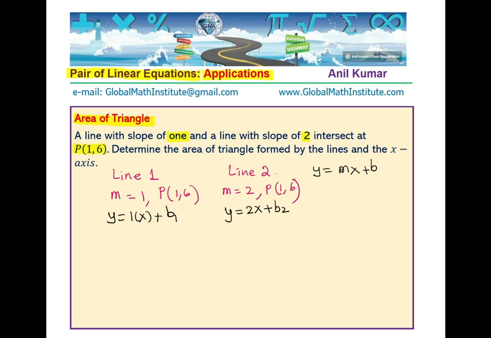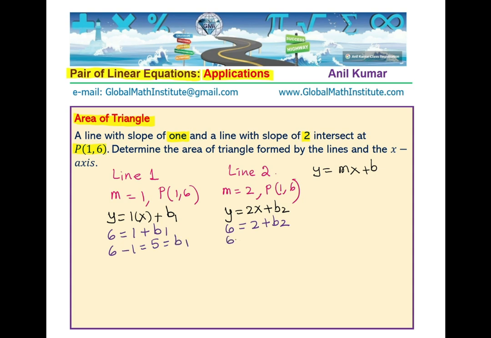Substituting the point given to us as (1, 6), y value being 6, x as 1, we have 6 equals 1 plus b1. And in the other one, we get 6 equals 2 plus b2. Solving the first equation, we get 6 minus 1, which is 5 for b1.